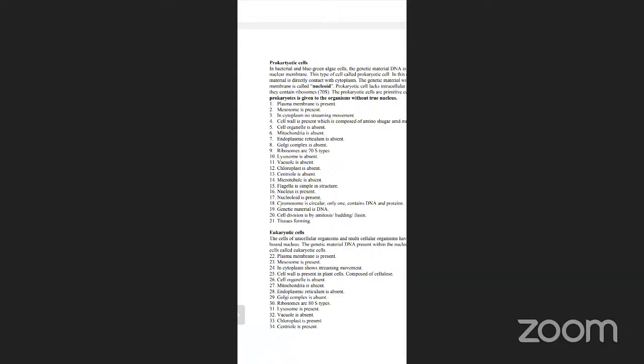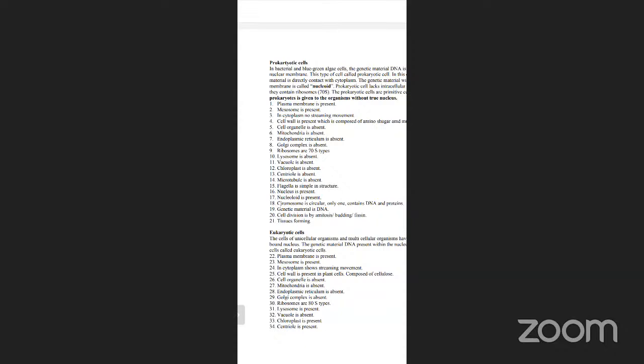See here, the list is given to you, showing which cell organelles are present or absent in the two cells. Go through the comparison between the two cells. The first fundamental difference is that the prokaryotic cell has no nuclear membrane, and eukaryotic cells contain a true nuclear membrane.